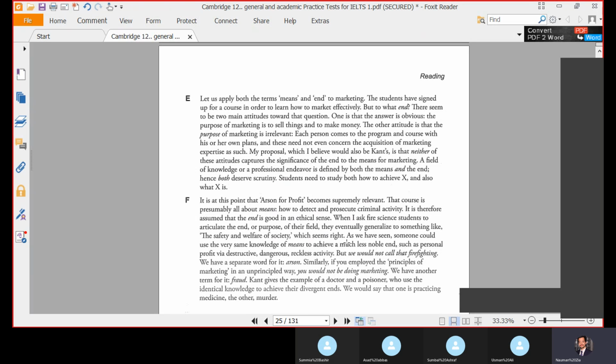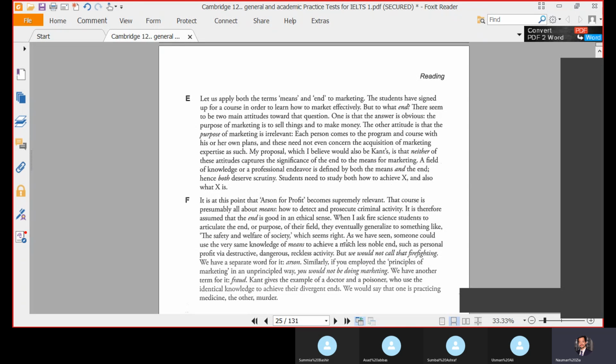When I asked 5 science students to articulate the end or purpose of their field, they eventually generalize to something like the safety and welfare of society, which seems right. As we have seen, someone could use the very same knowledge of means to achieve a much less noble end, such as personal profit via destructive, dangerous, reckless activity.